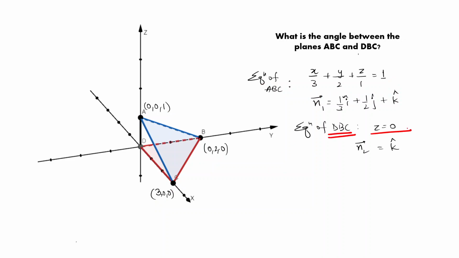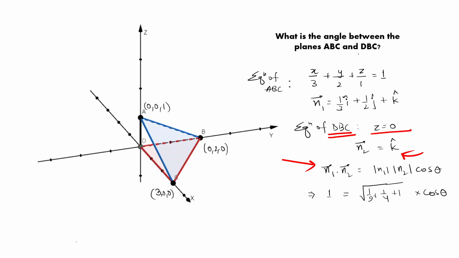Its equation is z equal to 0 because that is basically the xy plane, and the normal is k cap. So you have n1 and n2, and then using the angle between the two normal vectors you can figure it out. To figure out the angle between two vectors, people generally use the dot product. You can also use the cross product, there's no problem with that. So you get the same angle.